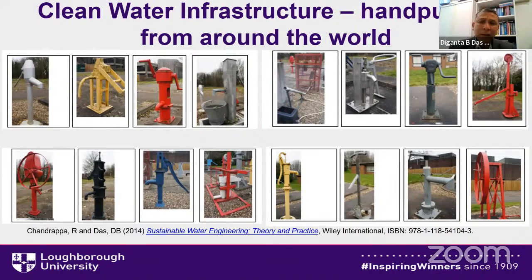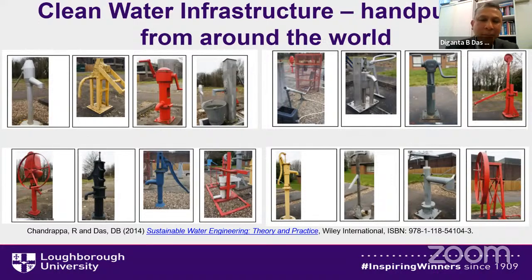Now, obviously, to reach sustainable development in the water sector, clean water production is one of the aims of the sustainable development goals. So the UN's SDG 6 relates to clean water production, and we need infrastructure for that. How are you going to achieve clean water without having any infrastructure or plant or devices?